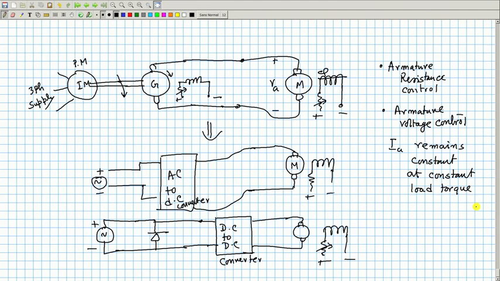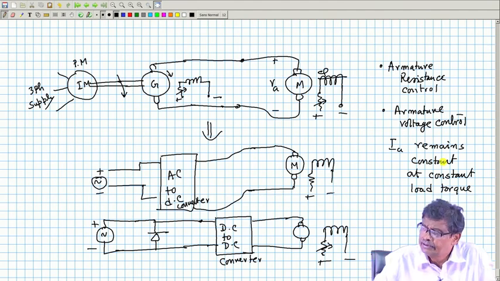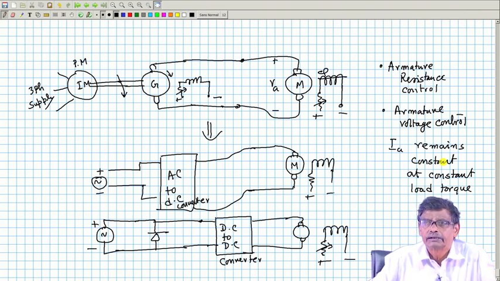So, if your load torque is full load torque, then IA will be IA rated, and that is one good thing about it.